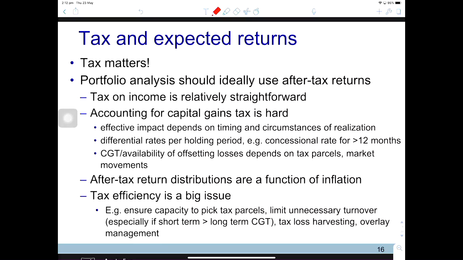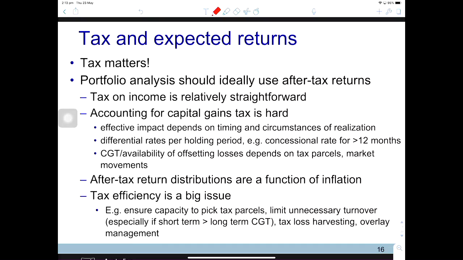The tax on dividends can be quite straightforward. We discussed this in week 6. With the imputation credits that come with the cash distribution of dividends, it's quite straightforward to calculate the applicable tax. But the complication comes from the realized capital gains tax.